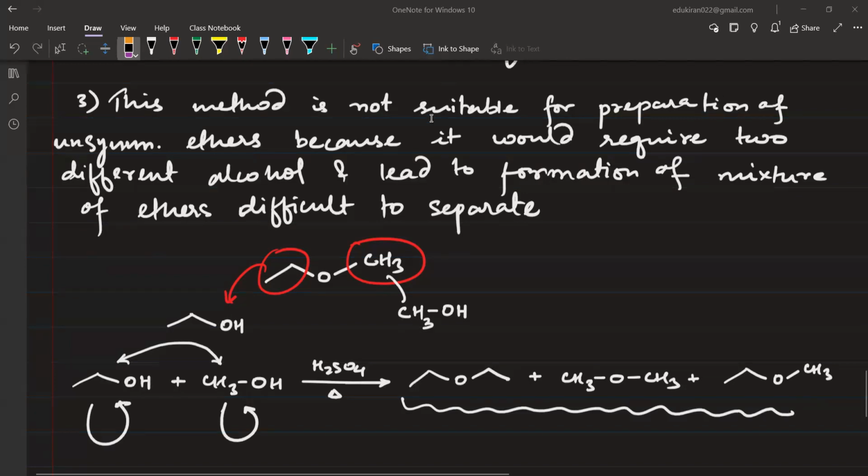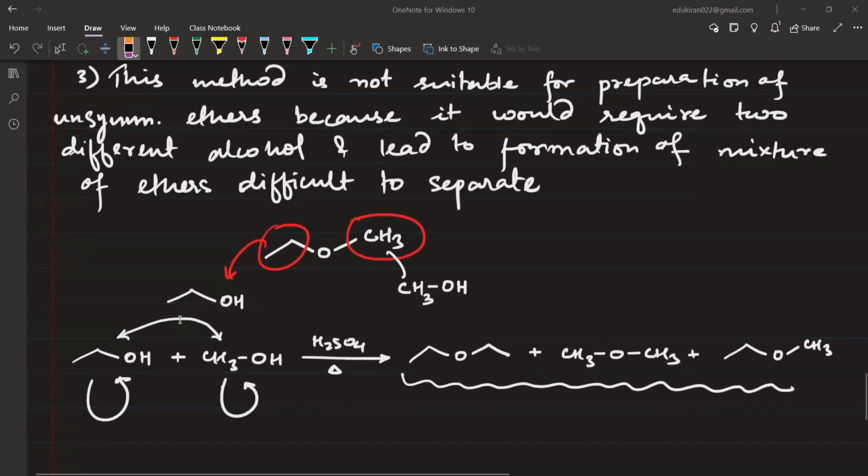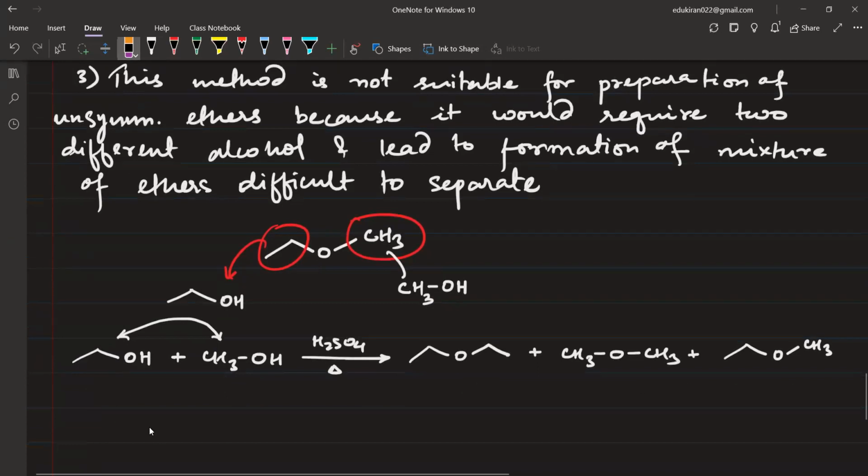Now, this particular question was asked in the board examination, and the wording of the question was very interesting. Okay, I'm just deleting these arrows here. So the wording of the question was, let me get it in a red color.